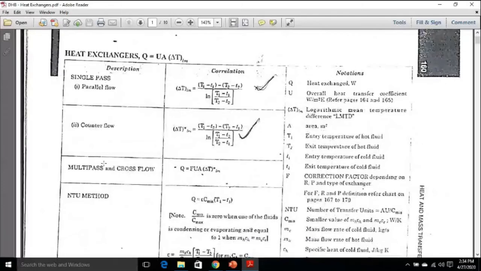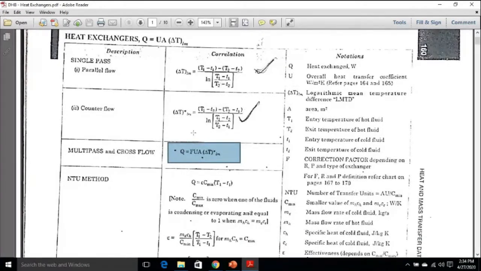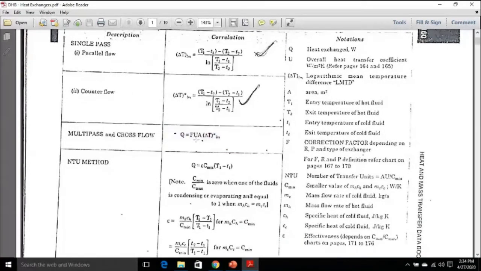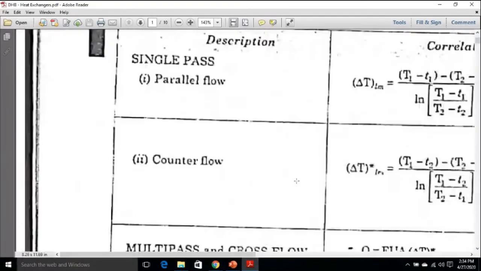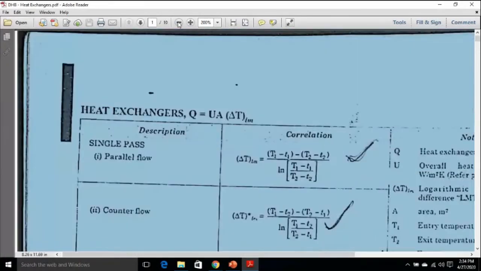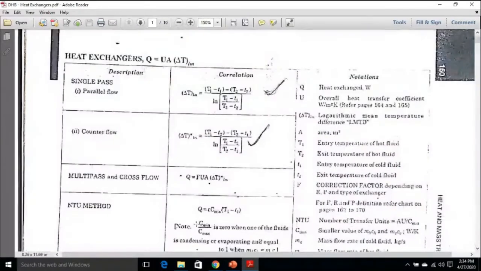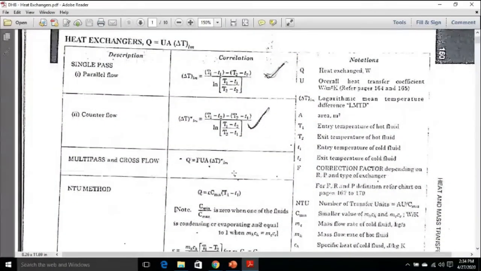For the third relation, they have given that for multi-pass and cross-flow heat exchangers, the rate of heat transfer Q is given by F multiplied by U multiplied by A multiplied by delta T Lm. It means it is UA theta m multiplied by the correction factor. On this side, you can see they have written F is correction factor. Is this part clear to all?